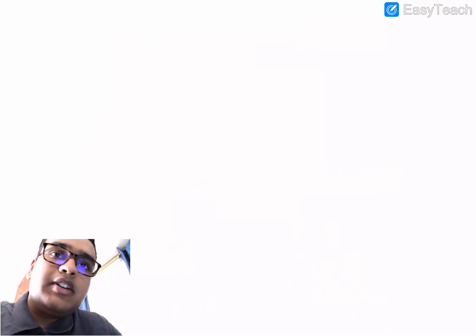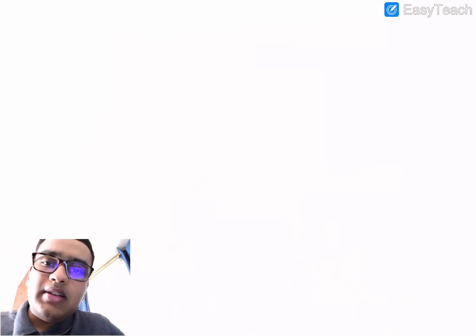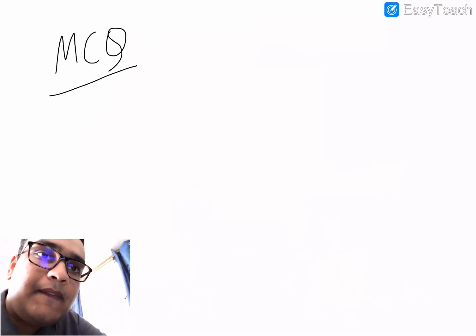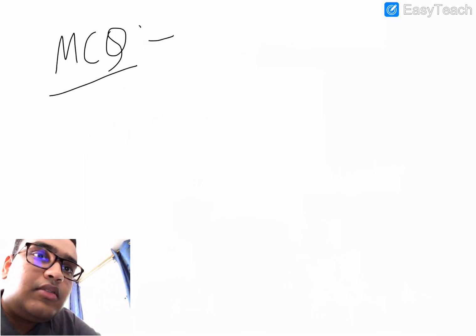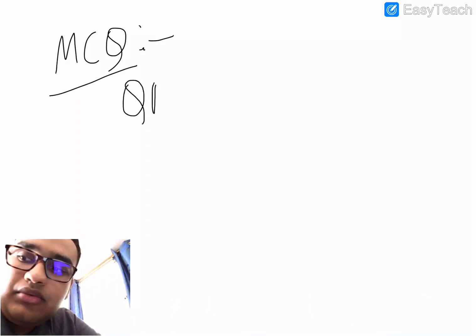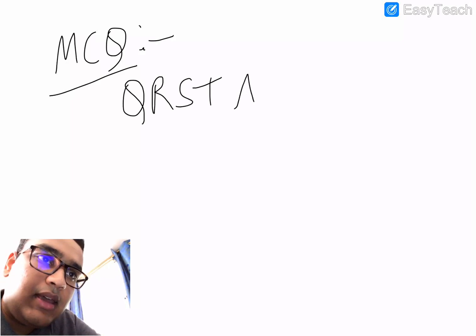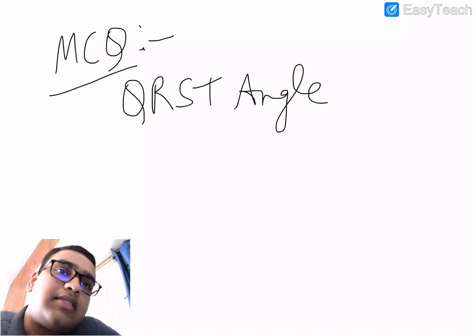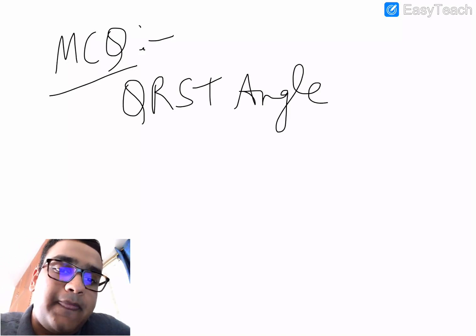So now coming to this, which could be a potential MCQ. There's something known as QRST angle. As you all know, this vector is not just a two-dimensional vector on a piece of paper.